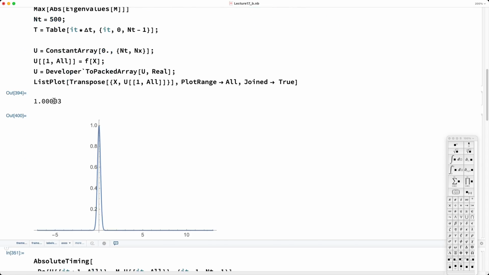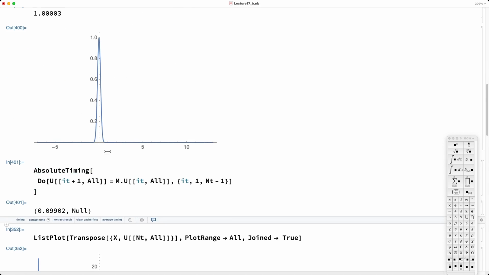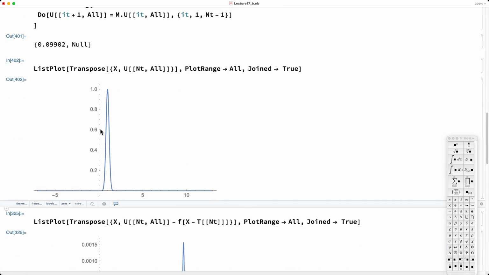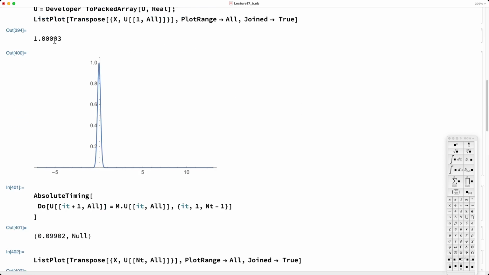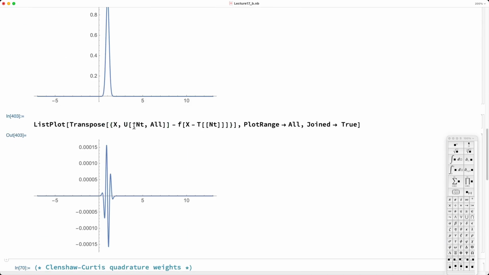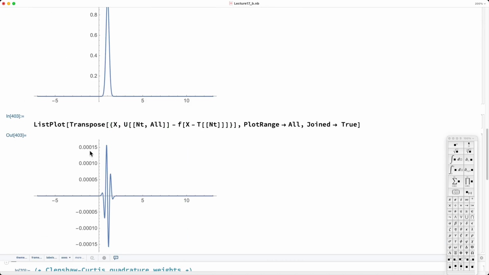Okay, that looks closer to 1. So this seems to run okay. We may still run into instability if we evolve for longer. And let's look at the error. So the error is acceptable for a 4th order method, but still not great.